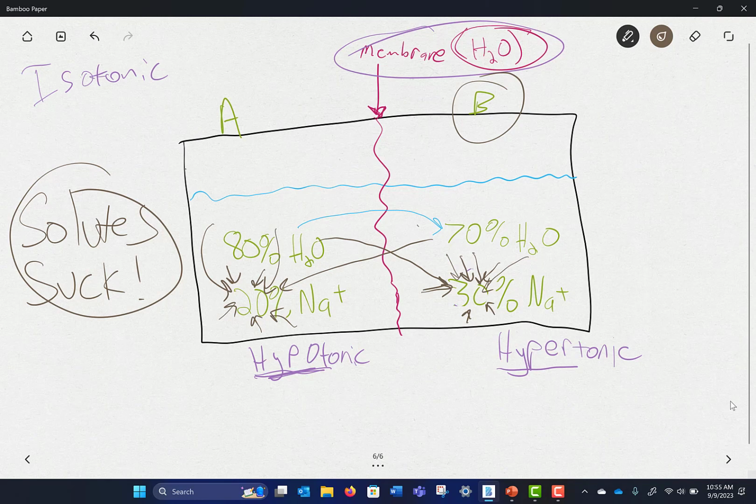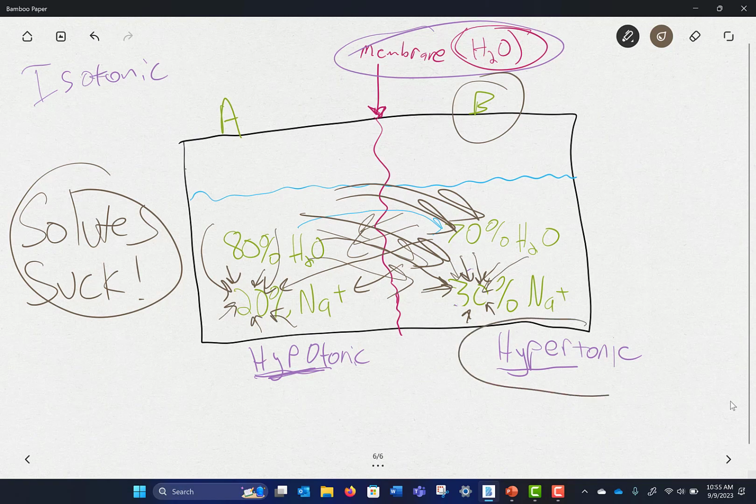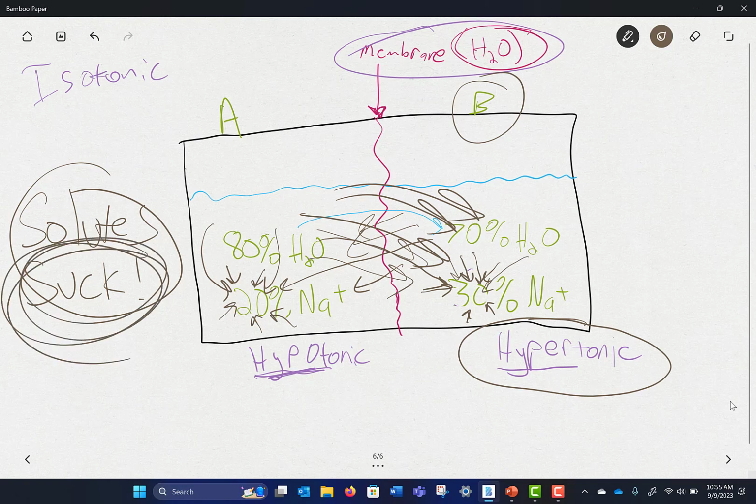There is some water going towards A, there is some water going towards B, but more water goes towards B than goes towards A. Wherever there is more solute, wherever is hypertonic to the other, is going to suck harder.